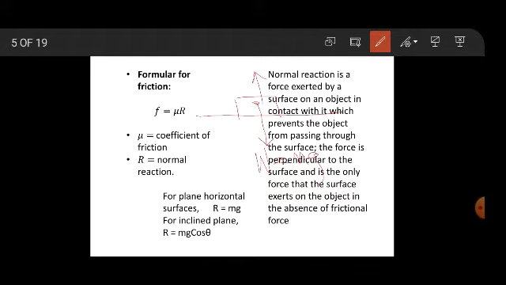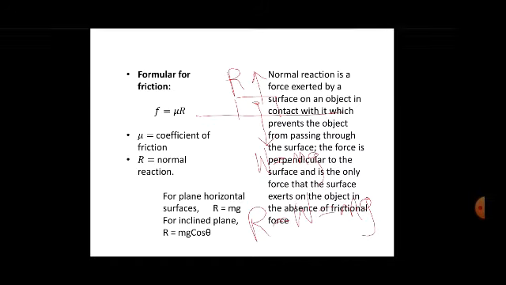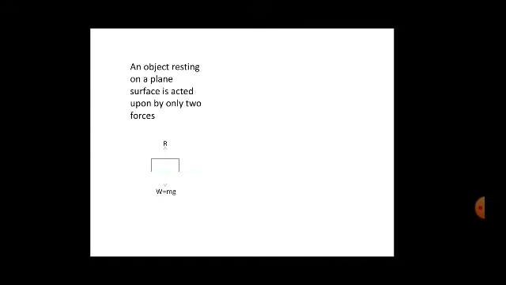That force that prevents the object from sinking is what we call the normal reaction. For a plane surface, according to equilibrium, your R is definitely equal to W, which is equal to mg. But for an inclined surface, it's the other way around, which we're going to see further.